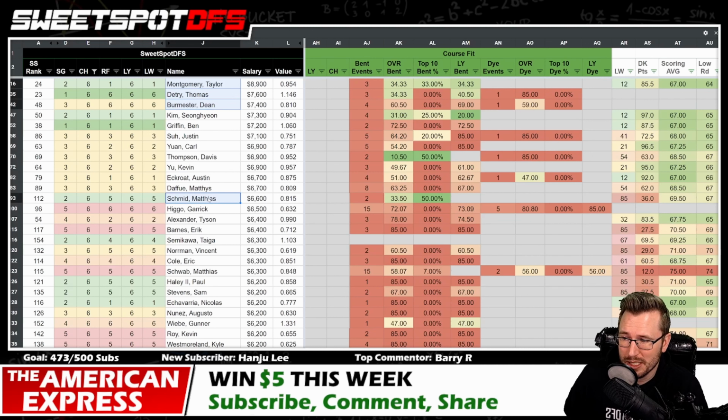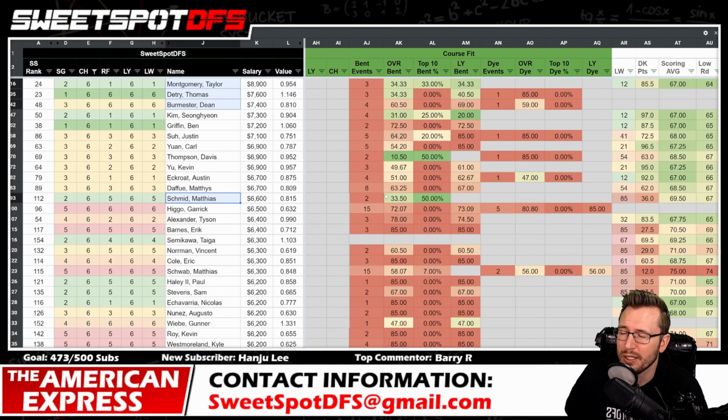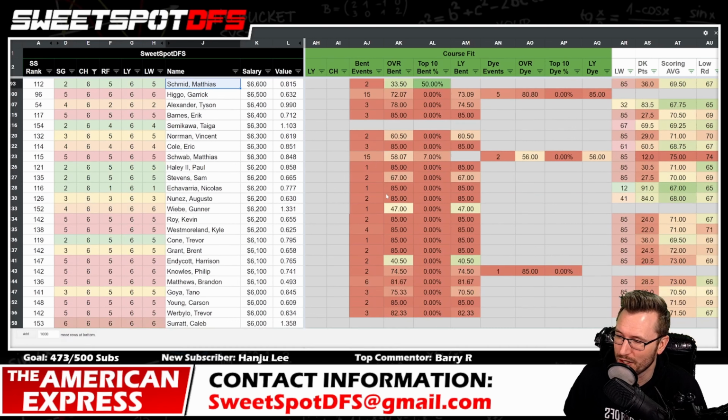Matthias Schmid seems interesting. 2 events on bent grass, 1 top 10, a 33.5 average finishing position probably means that's like a 4th place finish and then like a 70th place finish. It's not super great. It's very volatile. So I wouldn't even look at that percentage and take anything from it.